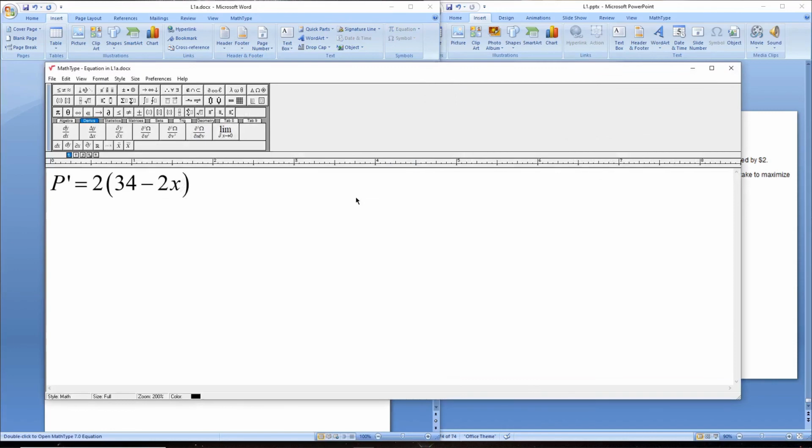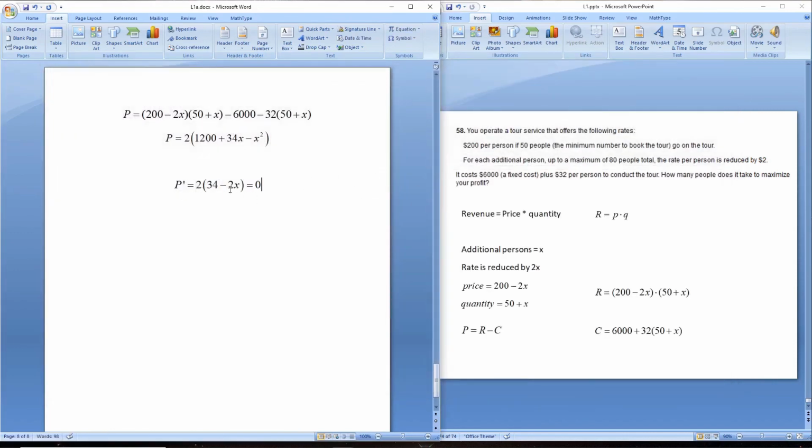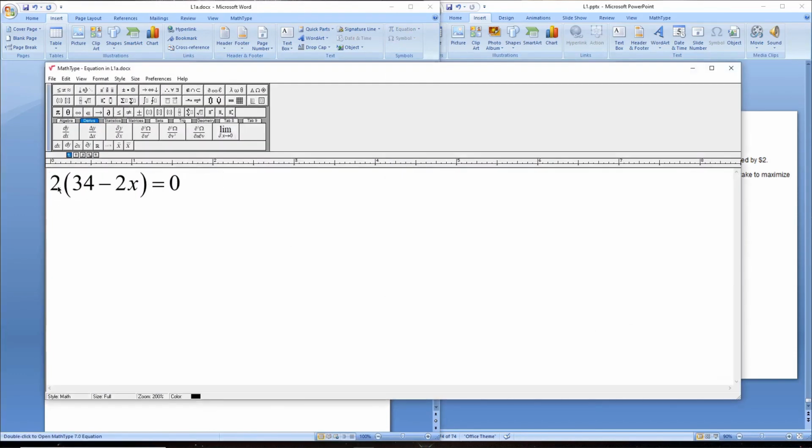And once we have the derivative, to find that extrema, we'll just set it equal to 0 and solve. Divide out that 2. And divide by 2 again to get our answer. 17.